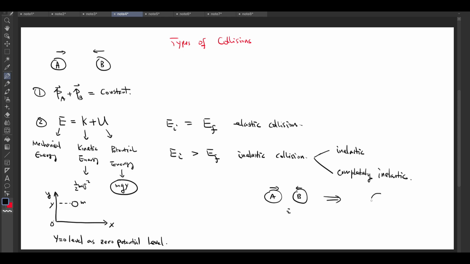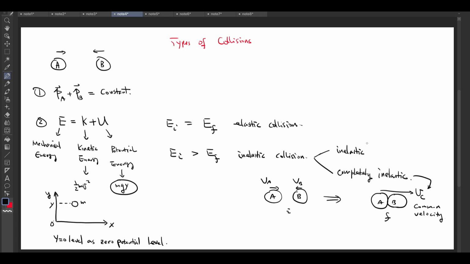After the collision they stick together and move together with a common velocity. Let's call this VC, that's the final state. Meaning they stick together and then move together, and that is called completely inelastic. That's the definition of this.